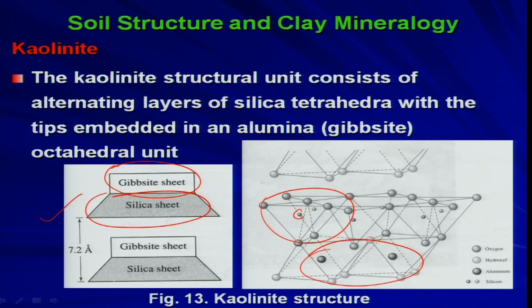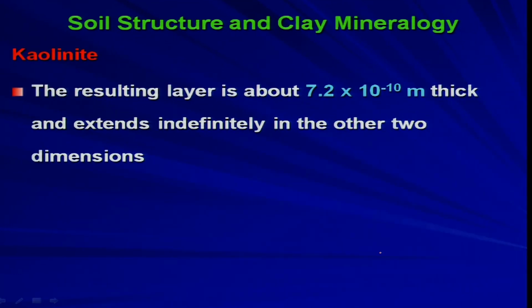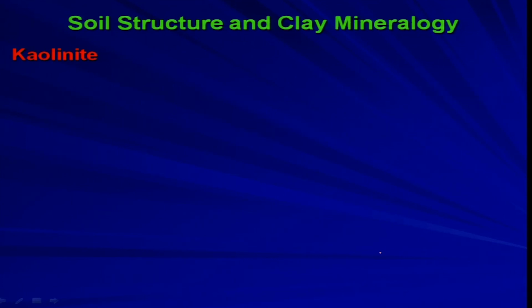This is one silicon atom inside, as we have seen for the silica sheet, and this is your alumina atom as we have seen for our gibbsite or the alumina sheet. And the resulting layer is about 7.2 × 10^-10 meter thick and extends indefinitely in the other two dimensions. What does it mean?